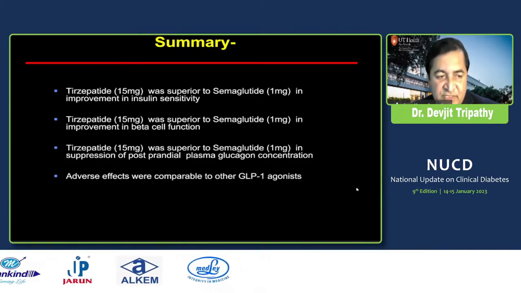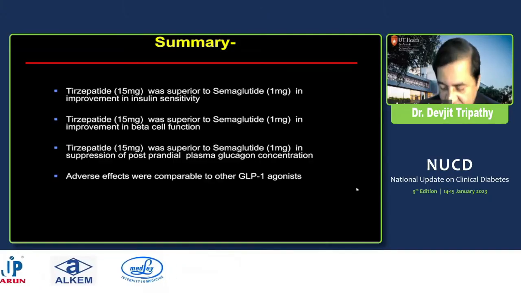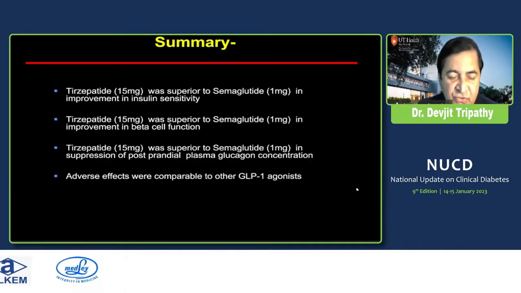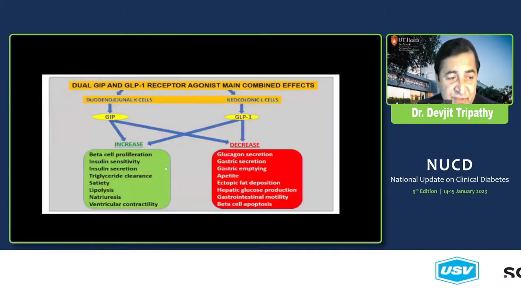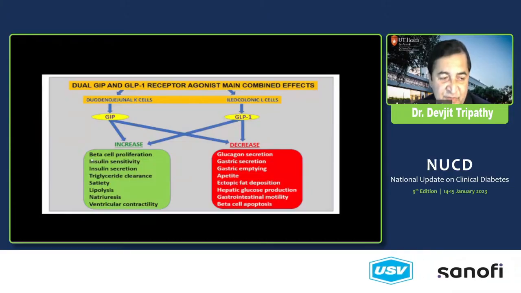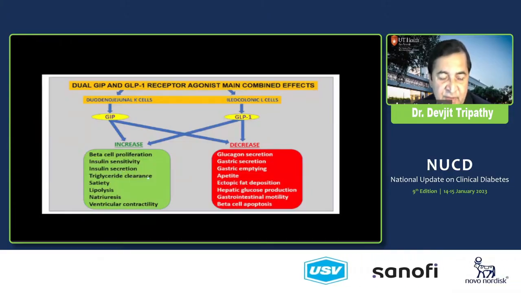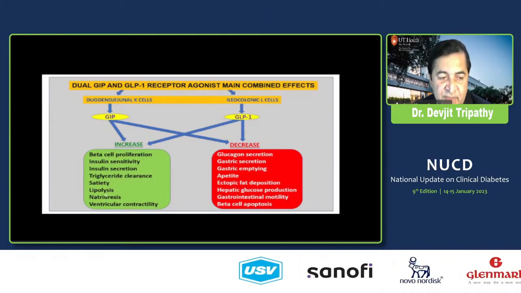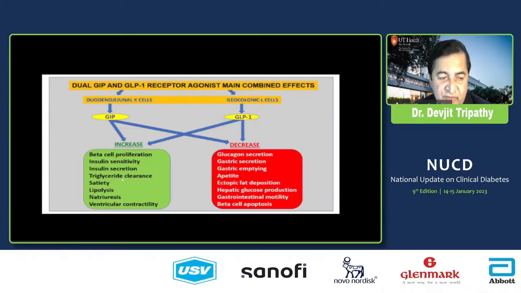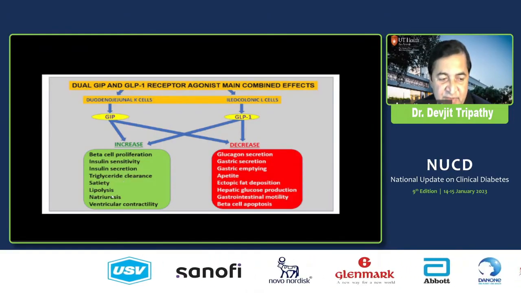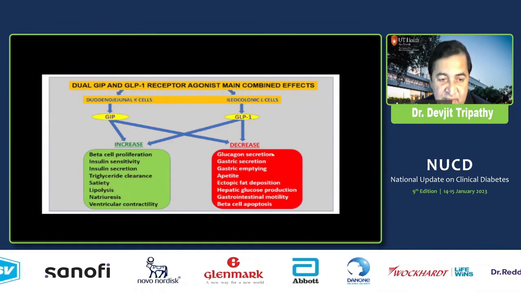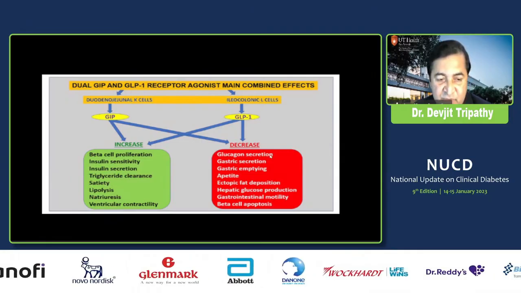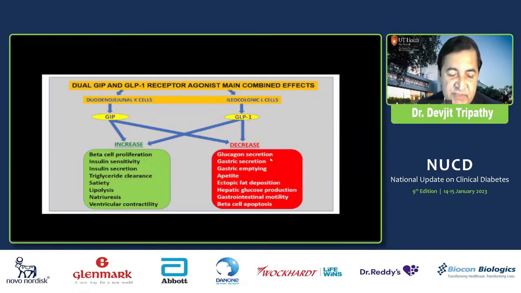So overall, tirzepatide is very effective in terms of lowering body weight and improving glycemic control. The mechanism is by improving both insulin sensitivity and beta cell function, and the synergistic effect of GLP-1 and GIP: it increases insulin sensitivity, insulin secretion, and improves triglyceride clearance, and that's why plasma triglycerides are markedly reduced, possibly by decreasing lipolysis and increasing fatty acid oxidation. And possibly by decreasing postprandial glucagon and decreasing hepatic glucose production.